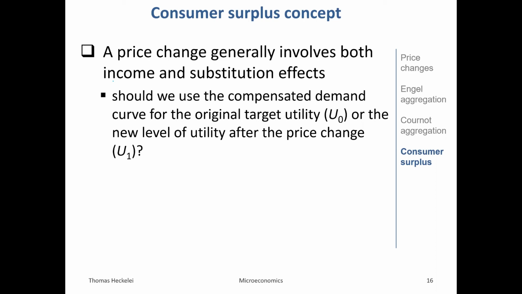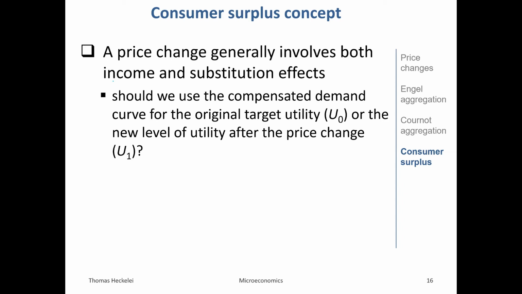In the first place we said a price change involves both income and substitution effects, and the optimum point moved to another utility level, right? But then I turned to the compensated demand curves, which only deal with the substitution effect and fixed utility levels. And then we have two utility levels, before and after, meaning two different compensated demand curves, right?